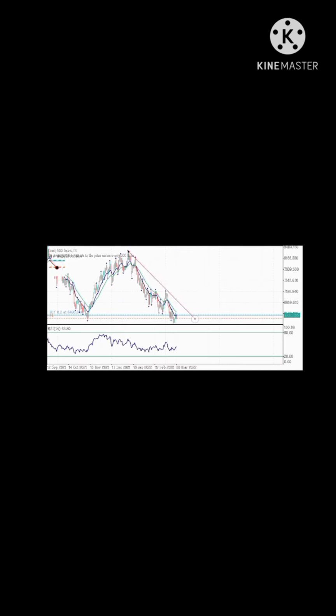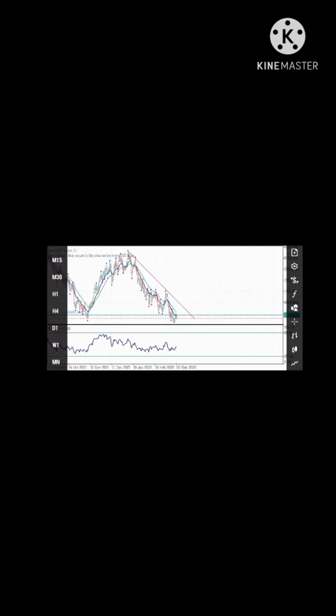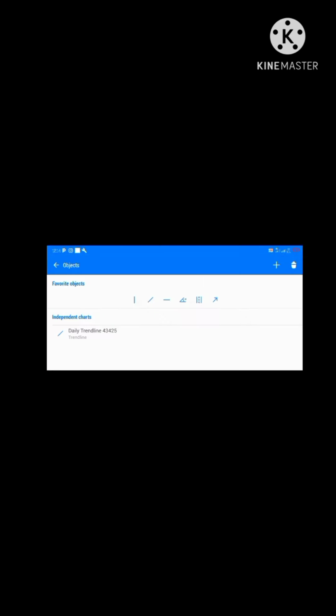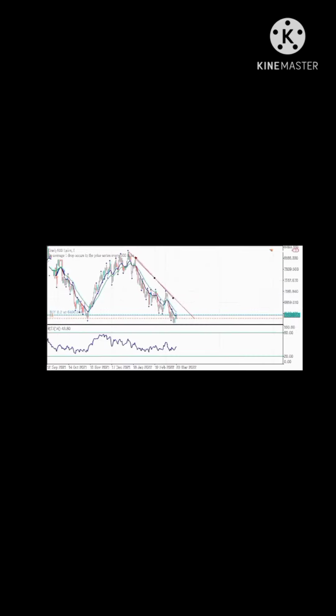So you join. Then the next one is to join this second one with this third one that the first line did not touch. Then I finished drawing the trend line on the daily time frame.